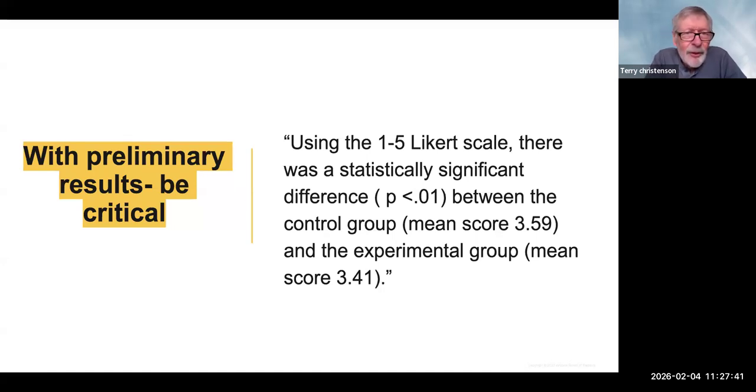No one's going to be fooled here. There's no real difference between 3.59 and 3.41. I don't care if you got 1,000 subjects. There's no real difference here on a Likert, because there are issues with Likerts and response and reliability and all those issues. So the bottom line is present your preliminary results in a straightforward and honest manner.